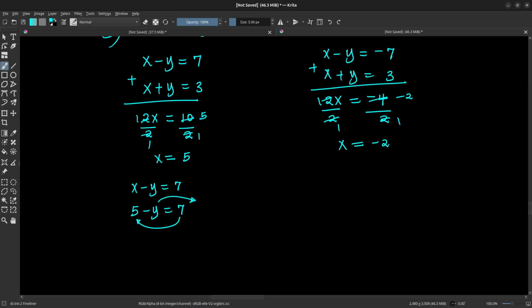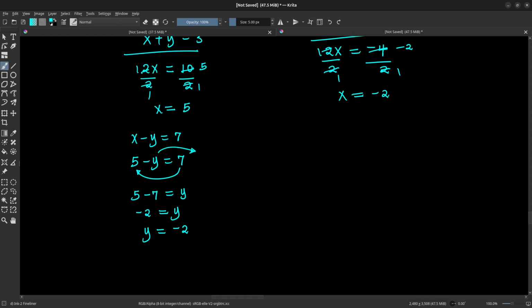So that means 5 minus 7 is equals to y. So which means negative 2 is equals to y, meaning y is equals to negative 2. So for the first scenario, x is equals to 5 when y is equals to negative 2.